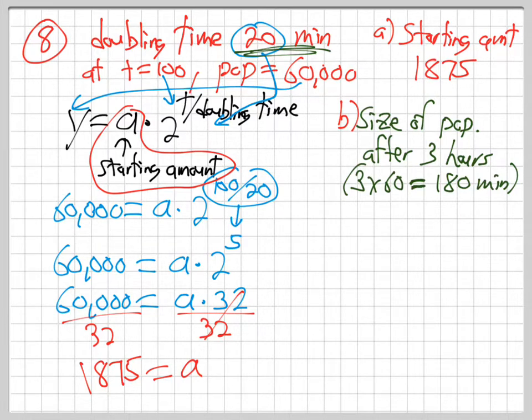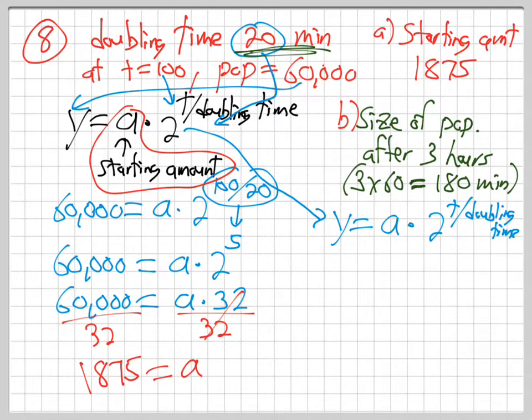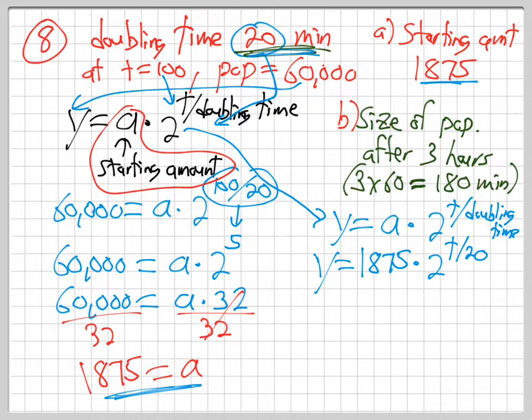So they want me to take the formula that we got: y equals a times 2 to the t over doubling time. Now we know a is 1875, the starting amount, times 2 to the t over 20, because 20 is the doubling time. Now they want me to plug in 180 minutes for t.